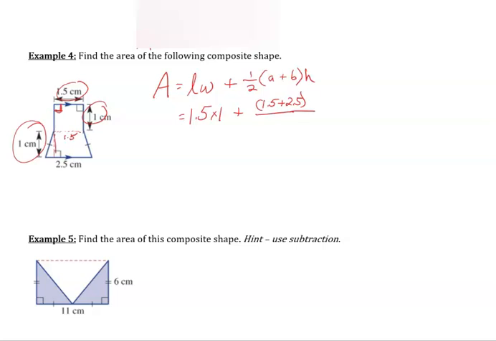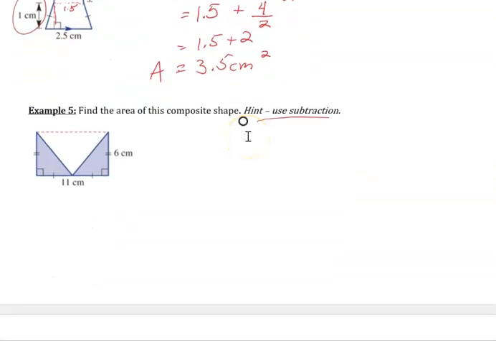That height is 1, which also makes life easy, and divide that by 2. So 1.5 times 1 is 1.5 plus 4 times 1 is 4 over 2. So that's 1.5 plus 2. So that area should be equal to 3.5 centimeters squared.